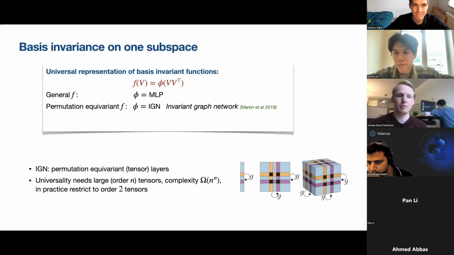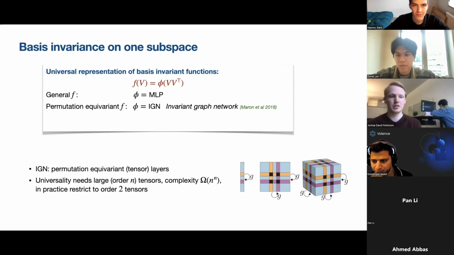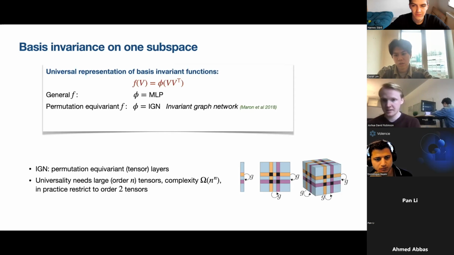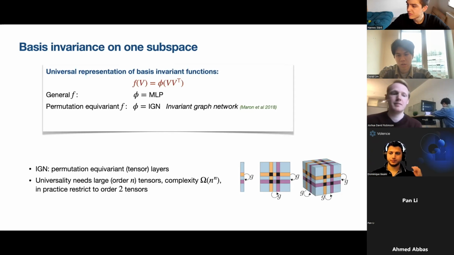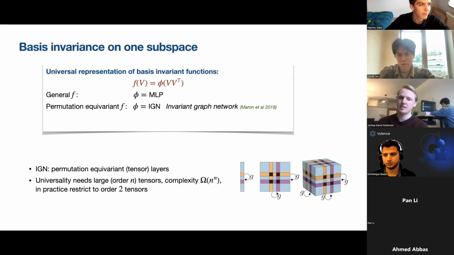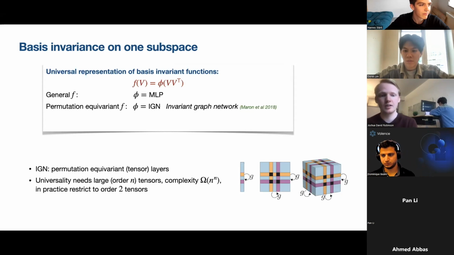The invariant graph network is a composition of many different permutation equivariant layers which map tensors to tensors. In terms of theory, in order to approximate any permutation invariant function from matrices to vectors, the internal layers will need to process large order tensors, order n. And this has high complexity, like n to the power n.